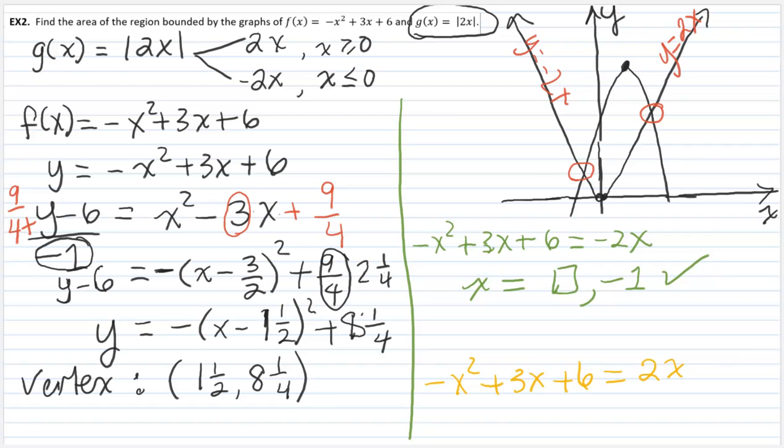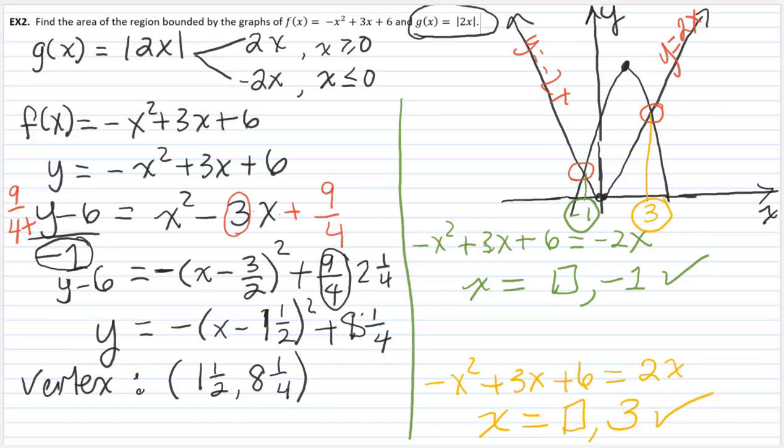And here, when you solve for x, you will get something that doesn't make sense, and 3. Then you will say, I will take 3 because that makes sense in my graph, right? So the intersections are at 3 on the right and at negative 1 on the left, and that would be where your integral is from negative 1 to 3.